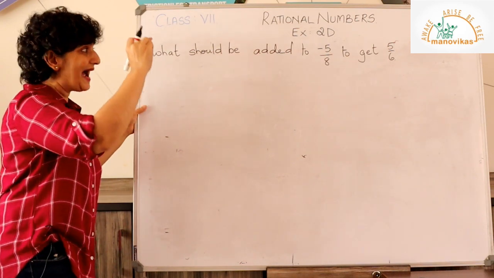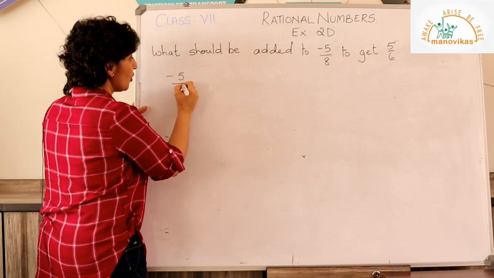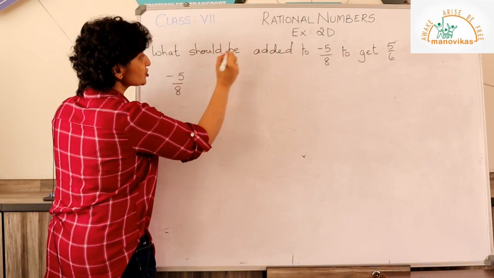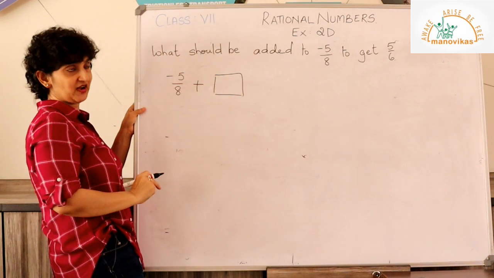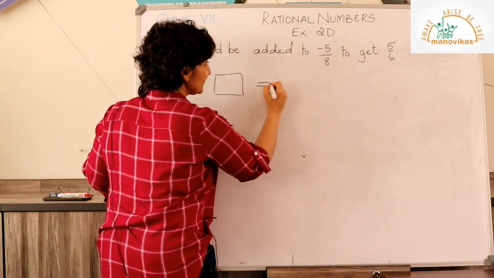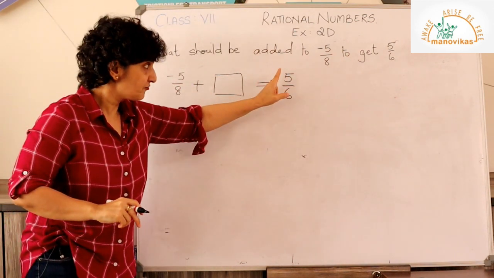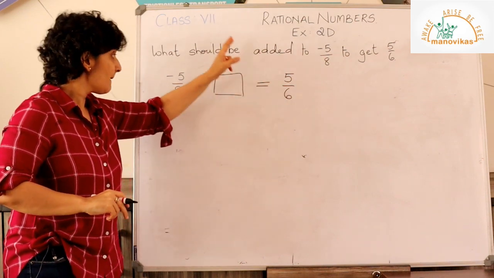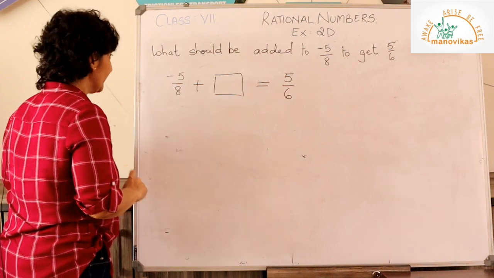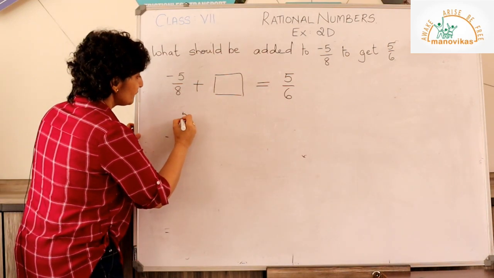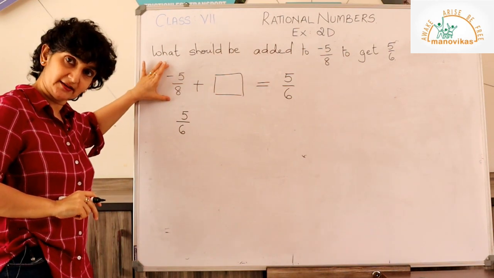What should be added to minus 5 upon 8 to get 5 upon 6. So it is 5 upon 6 minus of minus 5 upon 8. So let's do it. You needn't do this, children.